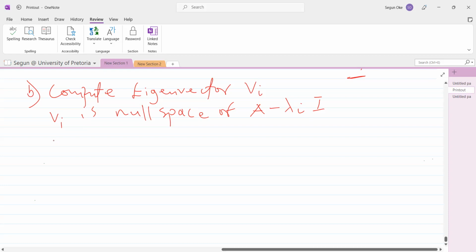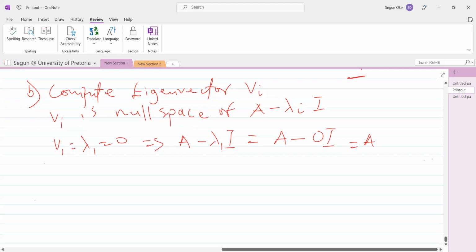Let's solve for V1 first. For V1, remember our lambda 1 is equal to 0, which implies A minus lambda 1 I, which is the same thing as A minus 0 I, which is equal to A. This is not a zero vector now, this is normal 0 because our lambda 1 is equal to 0.